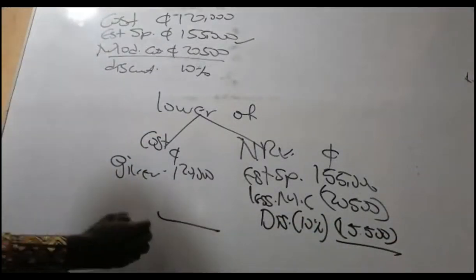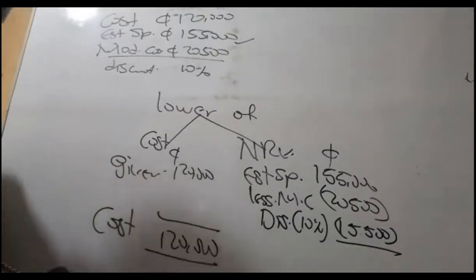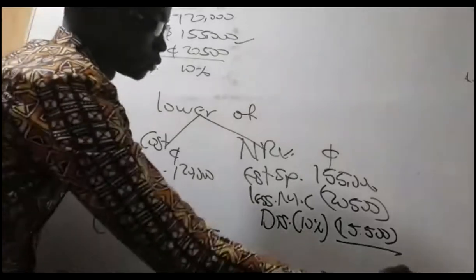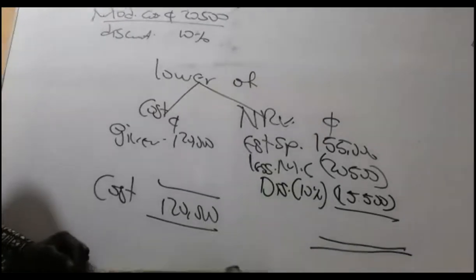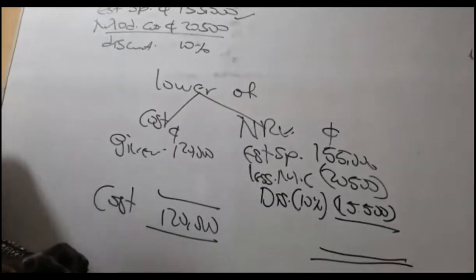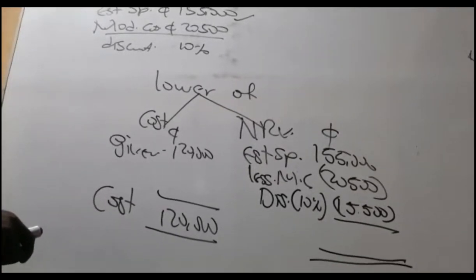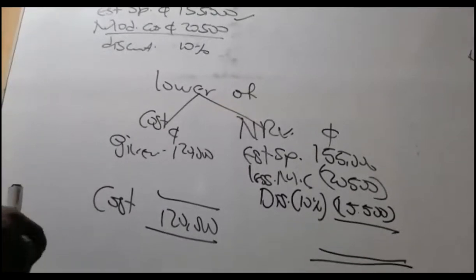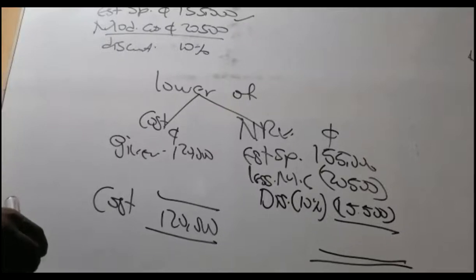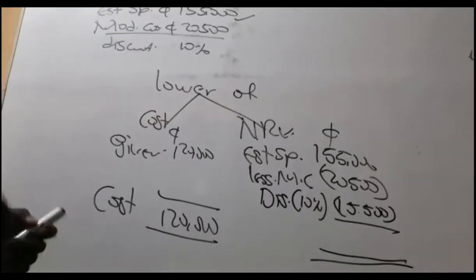So therefore, what is the NRV? What is the cost? The cost is still 120,000. The NRV will be, putting 20,500 plus 15,500, so that's 36,000. So 155 minus 36,000. What would be the answer?